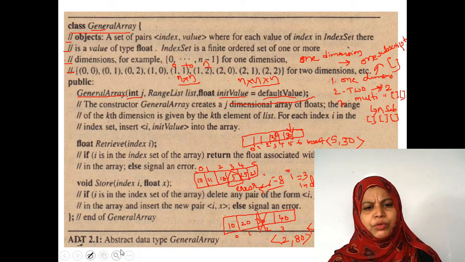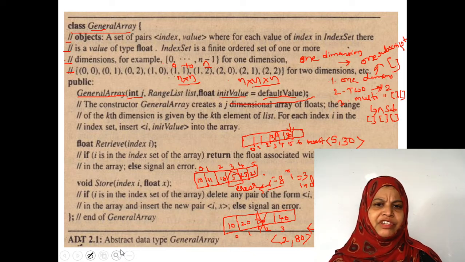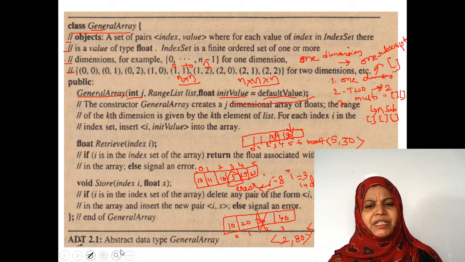Here we can perform two types of operations on the array. First one is retrieving the information from the array, next one is storing the information in the specified memory location. Retrieving means we are accessing the information present in the array at a particular memory location.